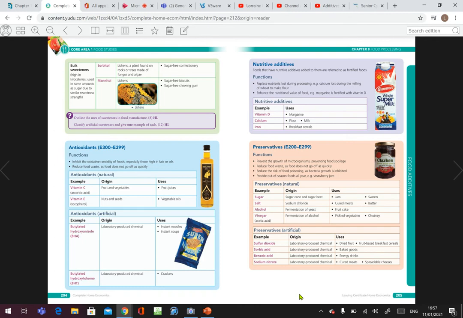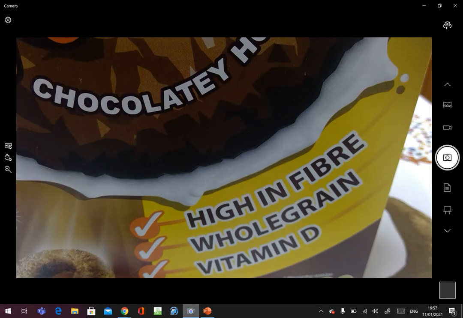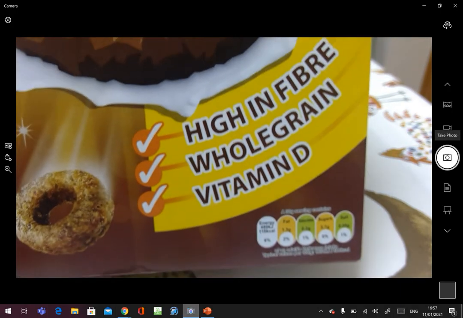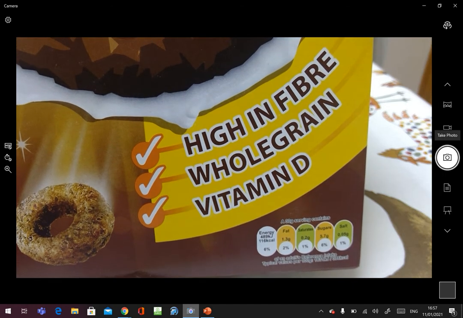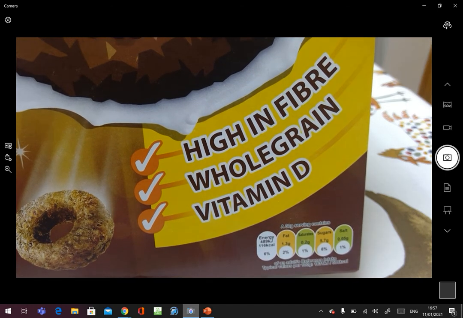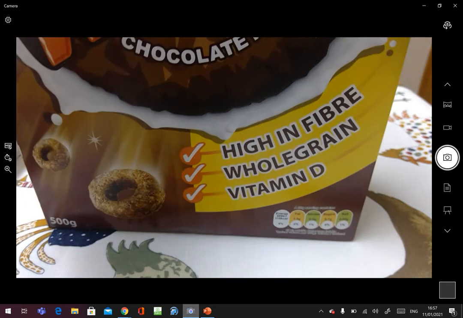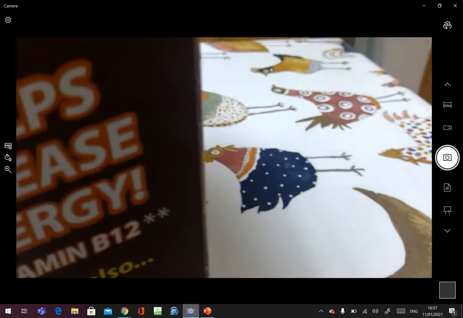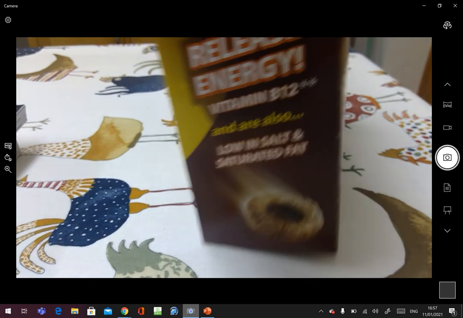Now, the next one is nutritive additives. For instance, here is a pack of Wheatos, and as you can see on the front, it's telling us it's high in fiber, whole grain, and vitamin D, and it gives you iron.